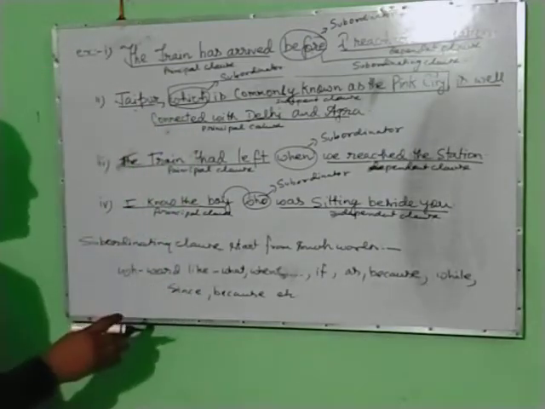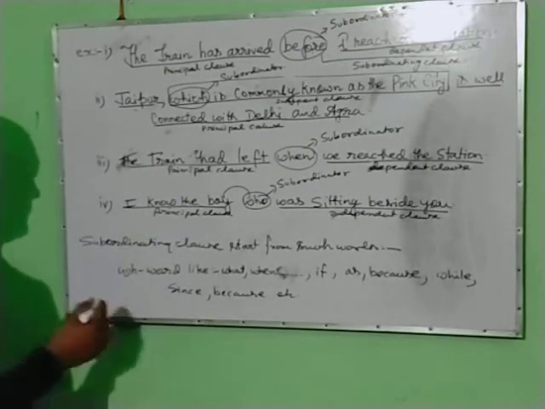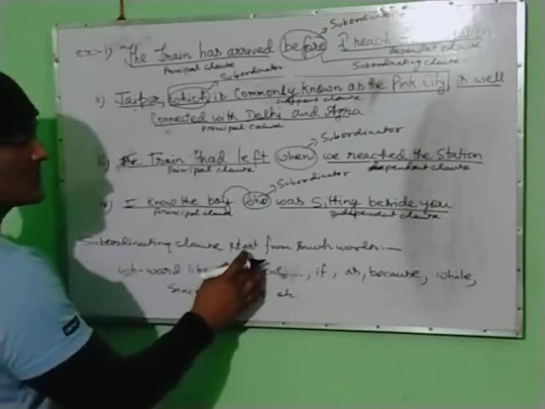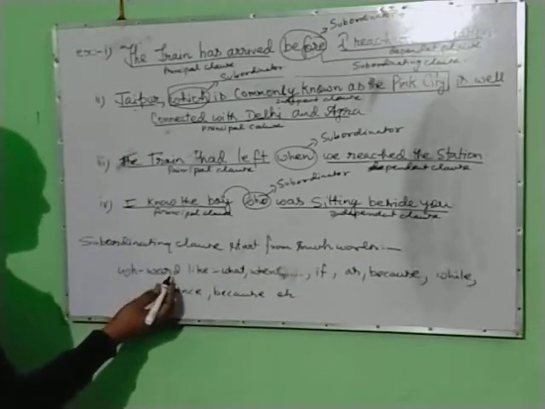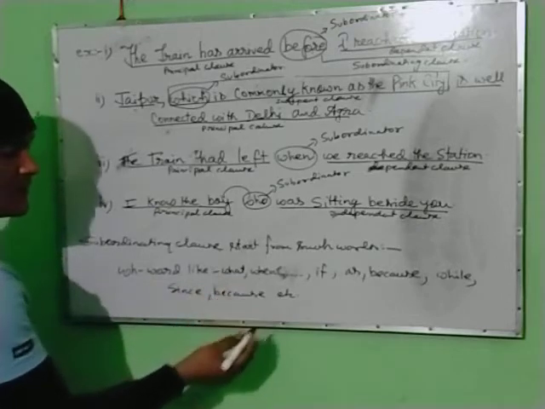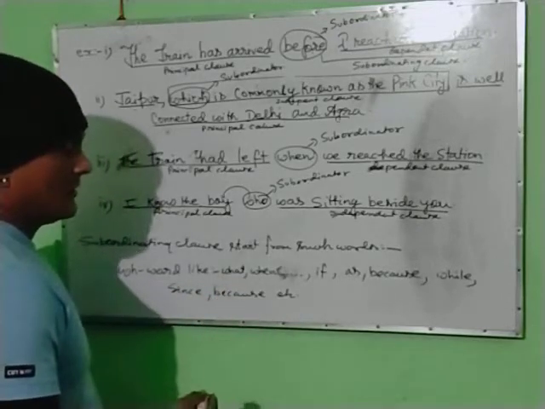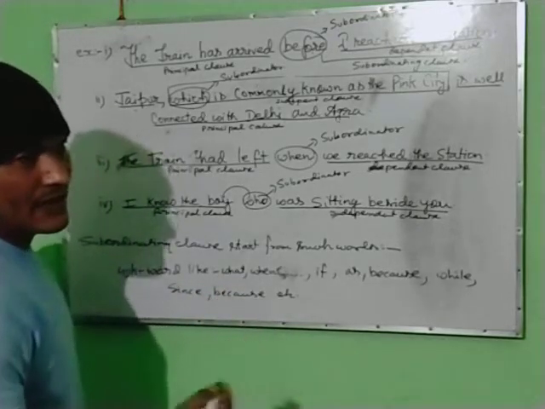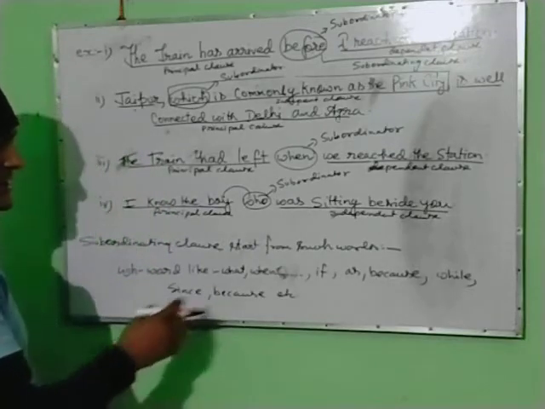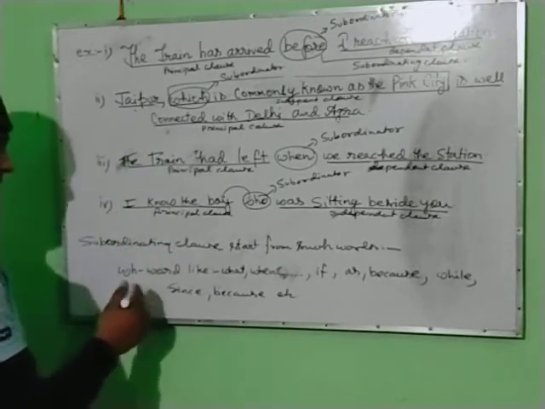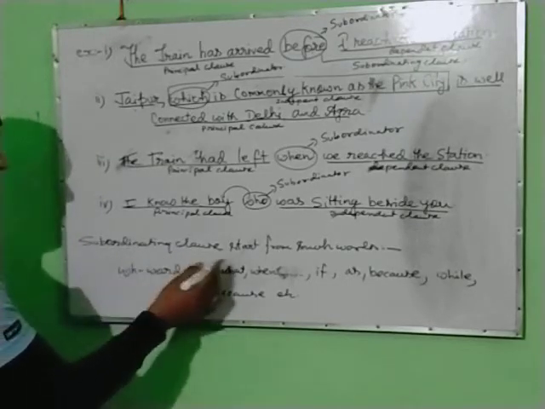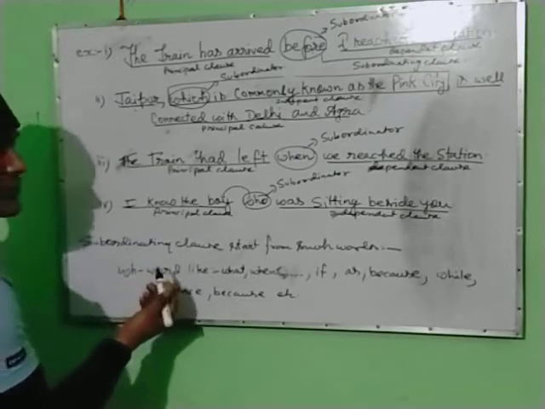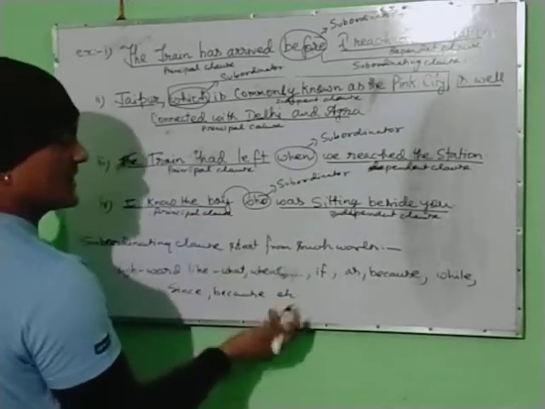There is an easy way to identify a subordinating clause. Look for words that start with WH: what, when, which, why, whenever, wherever, whether. These are subordinators, that means WH words which connect the two sentences.